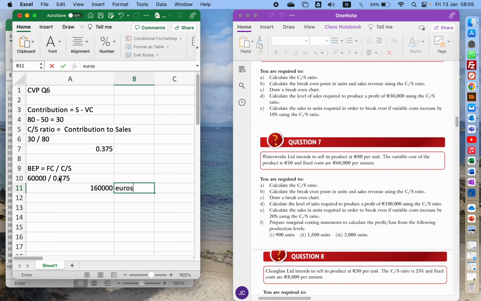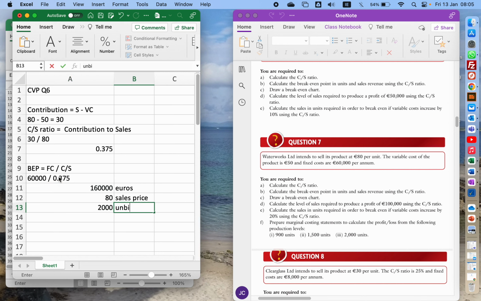So in the previous formula, we would have worked out break-even point by working out the quantity. Now we get the euros first, and then from that we have to find the quantity. So the way we do that is we divide by sales price. If we divide the amount of money that's going to come in at break-even point by our sales price, in this case 80, it will give us a number of units that we will have to sell.